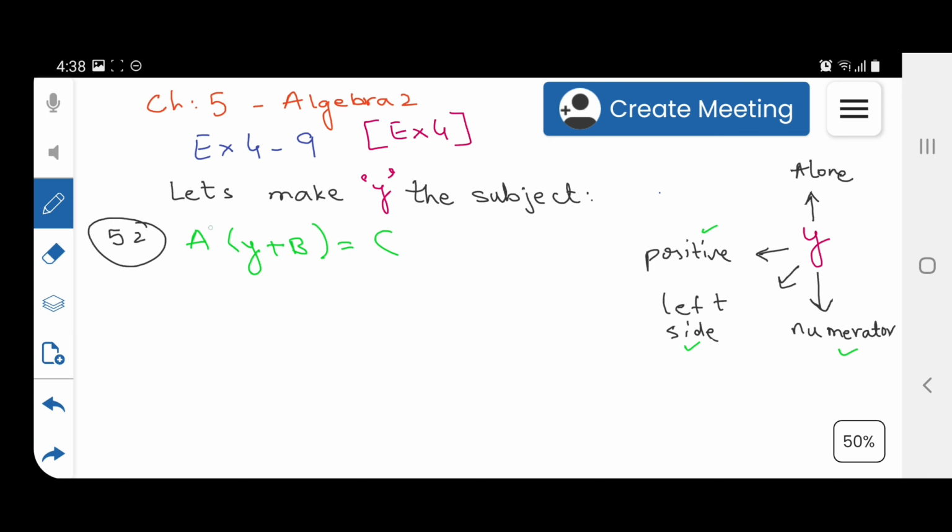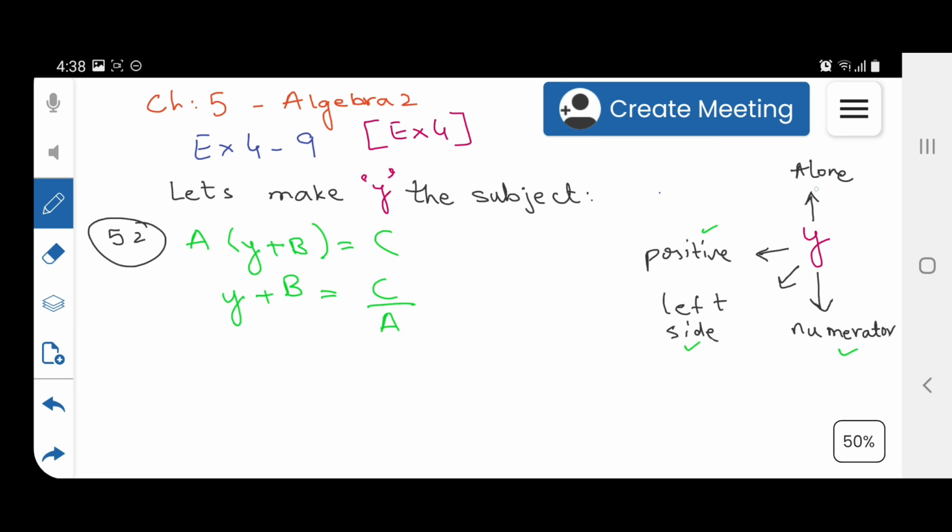So first of all, let's move this a, starting with a. So a and this whole bracket containing y are getting multiplied. So we are going to shift this a to the other side. So y plus b equals c over a, because on that side there was only c. So we are going to divide c by a.